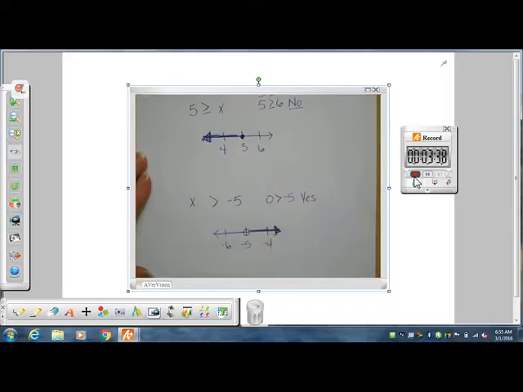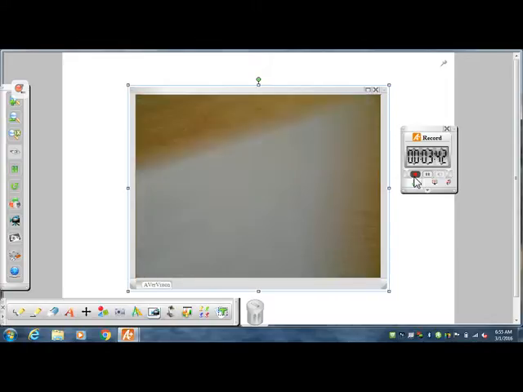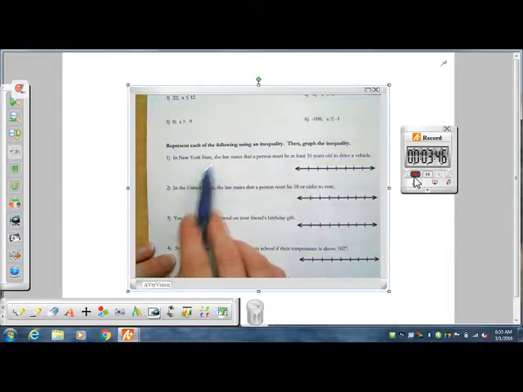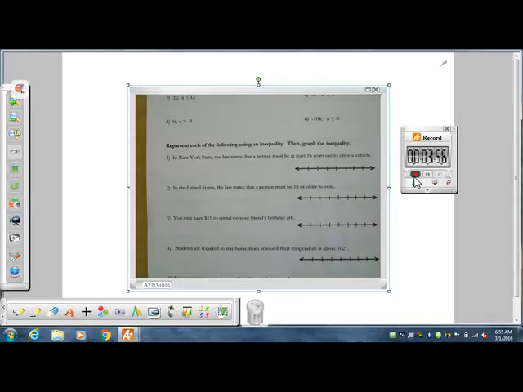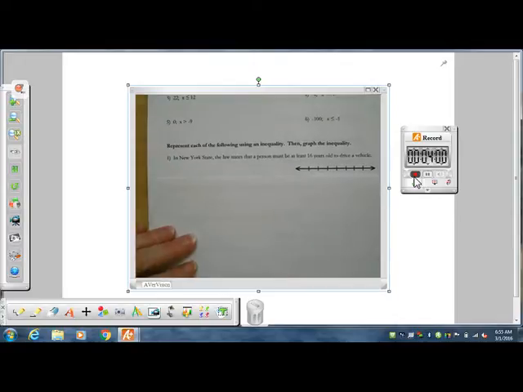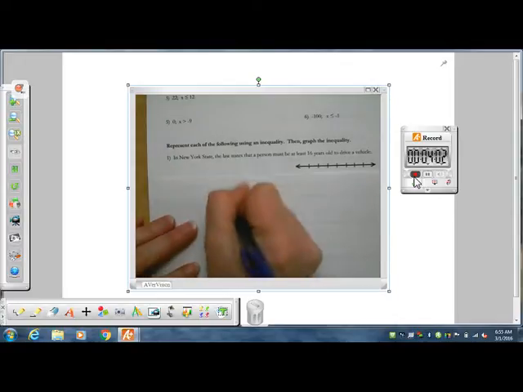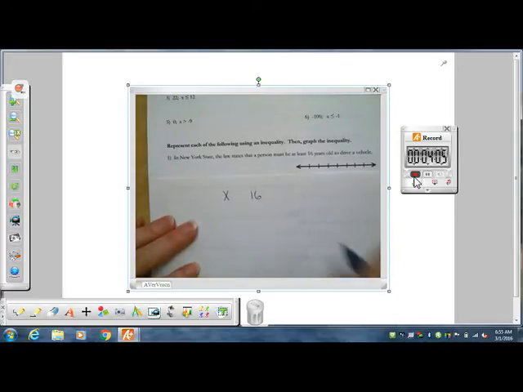Some real life examples that we might use: in New York State, the law states that a person must be at least 16 years old to drive a vehicle. If you're at least 16 years old, that means you are going to be 16 years or older. So you have x and 16, you have to be greater than or equal to 16.